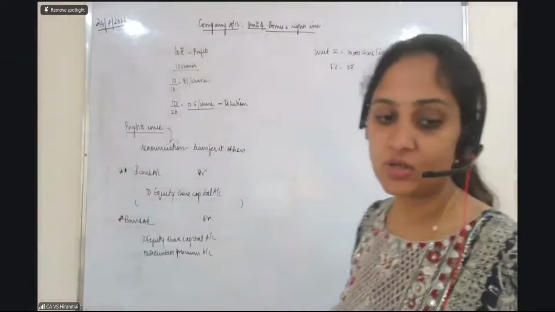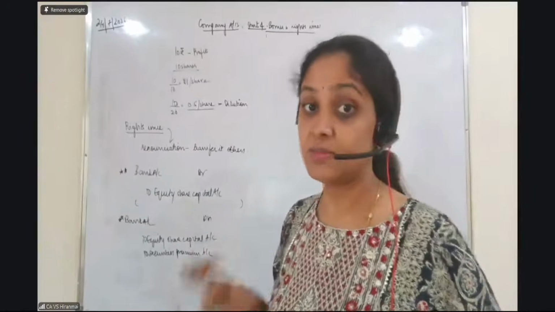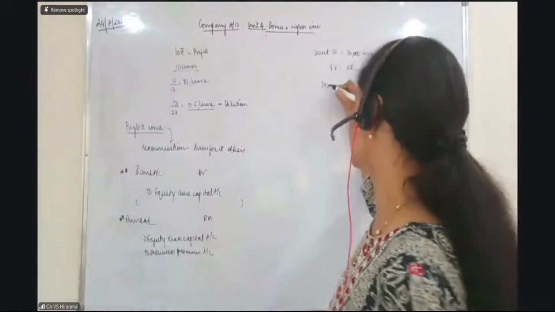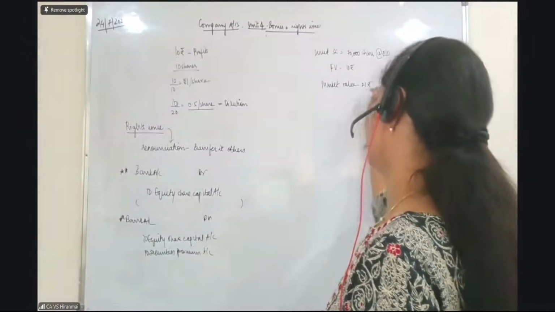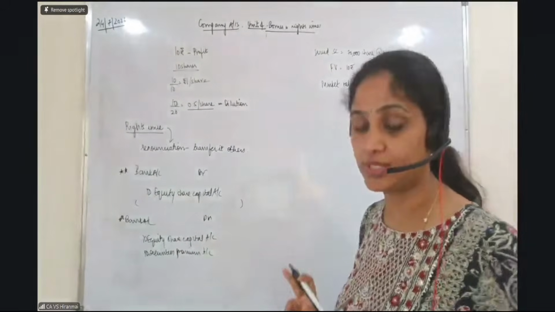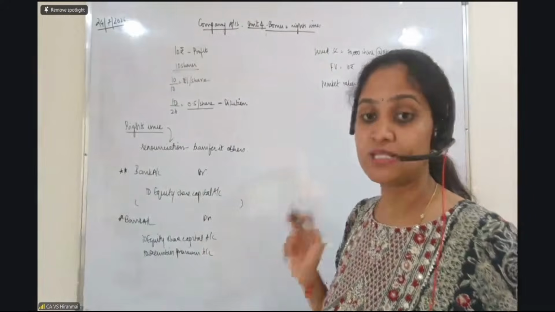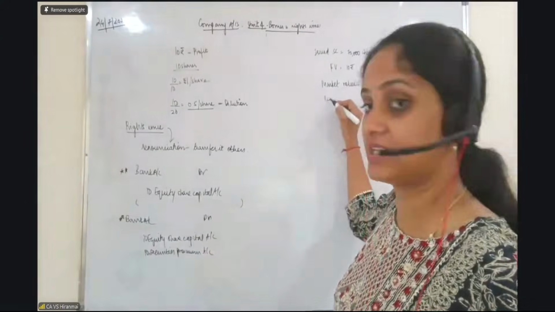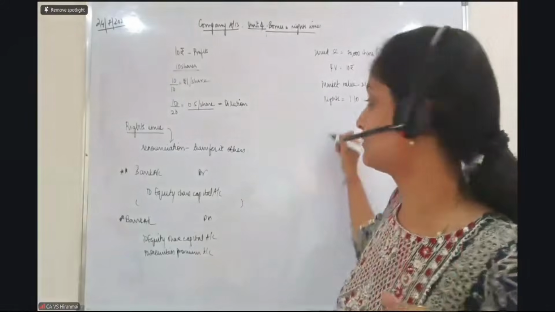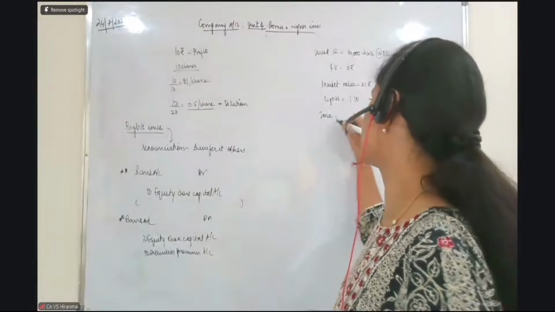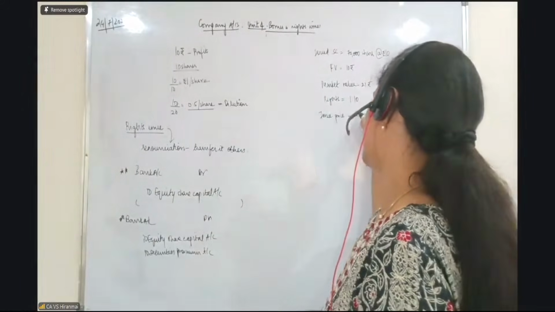Now the next concept they are talking about is market value. Market value is 21 rupees. In the market, it is trading at a higher value. Now this person wants to issue rights in the ratio of 1 is to 10. They are telling something as issue price, which is 10 rupees.